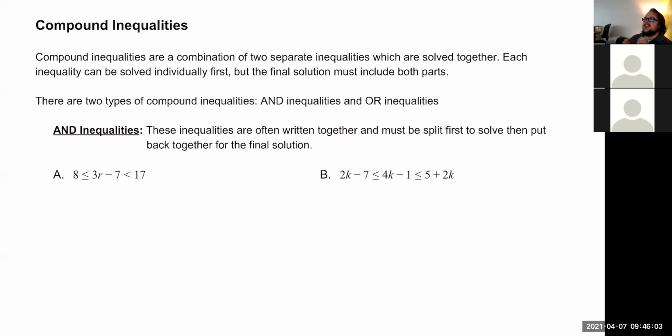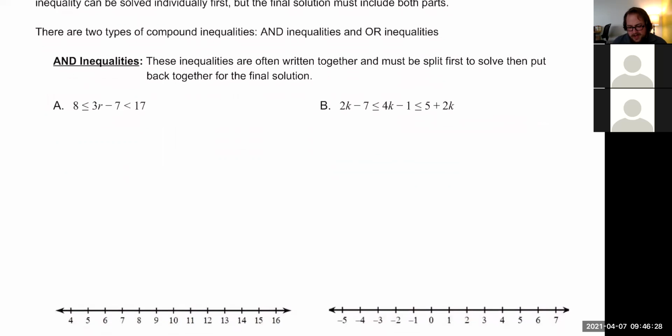So with that in mind, and inequalities, in my opinion, because they are so picky, usually feel like the more challenging of the two compound inequalities, whereas the or inequalities are pretty cut and dry from start to finish. It's just these and inequalities are especially particular, and I'll show you why.